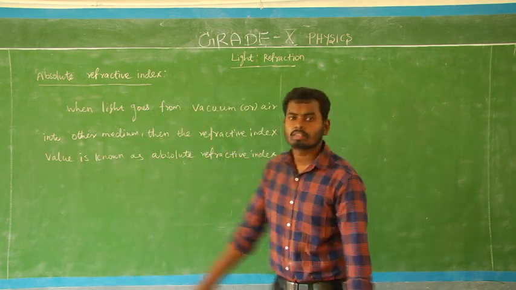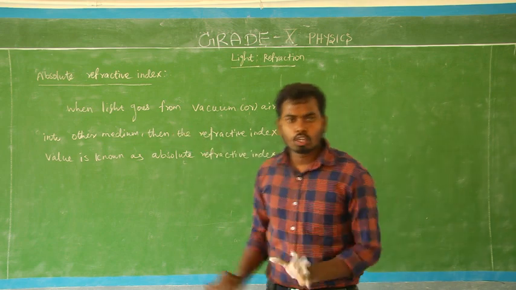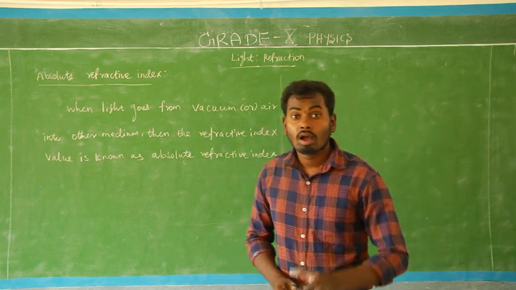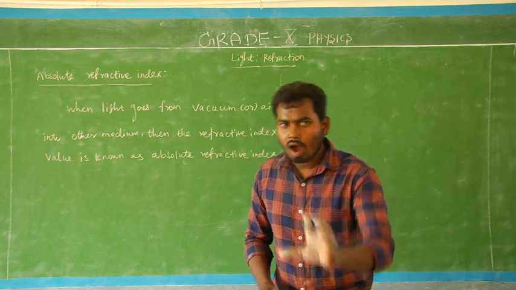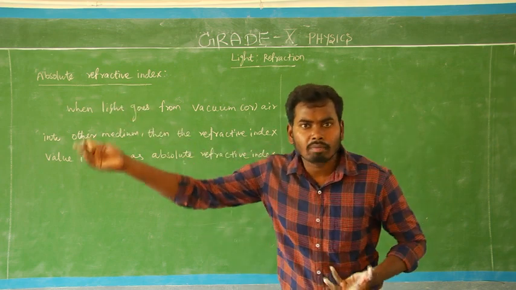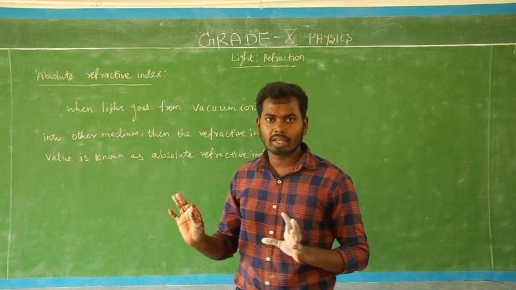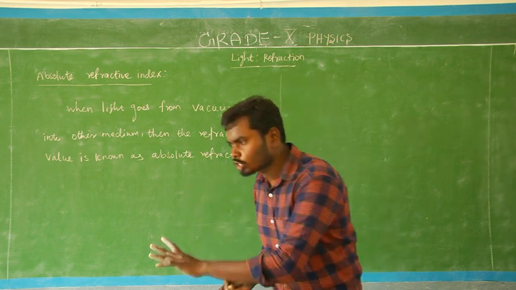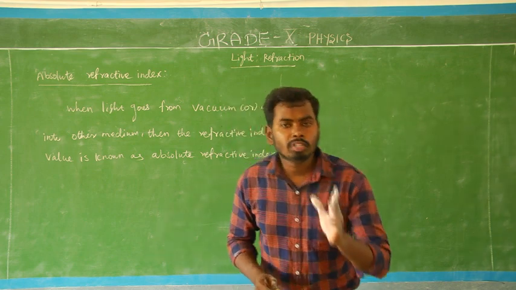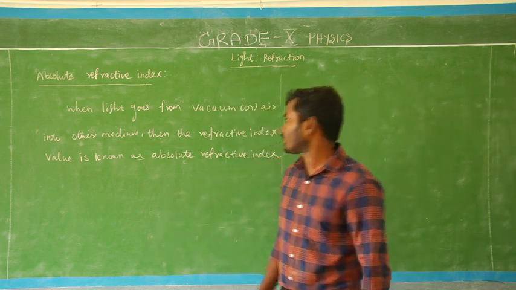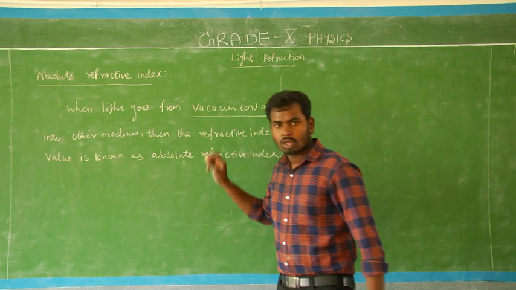Very simple. When light goes from vacuum or air into another medium, the other medium whatever it is, then the refractive index value is known as absolute refractive index. Here vacuum is here.